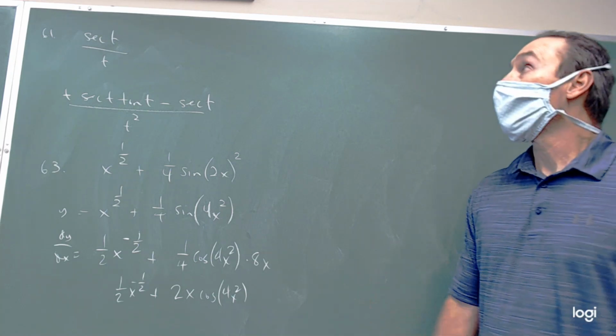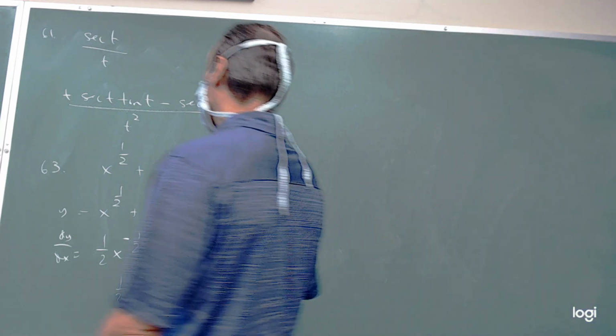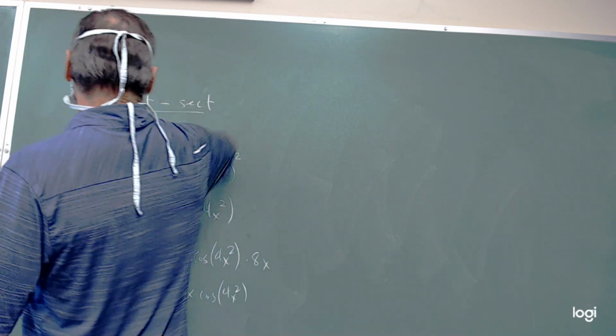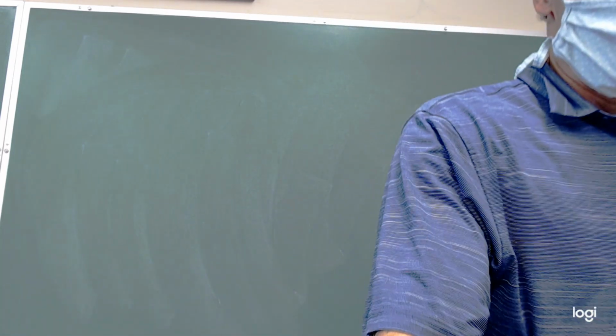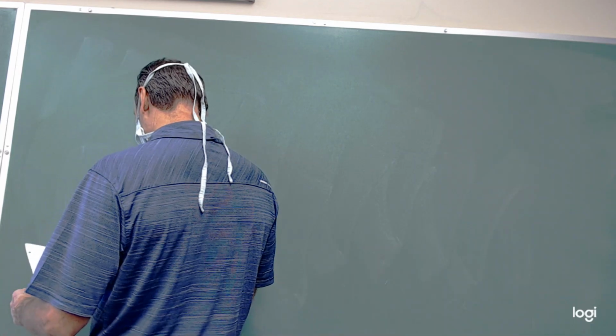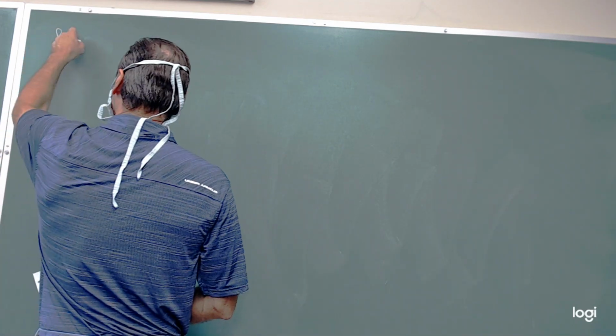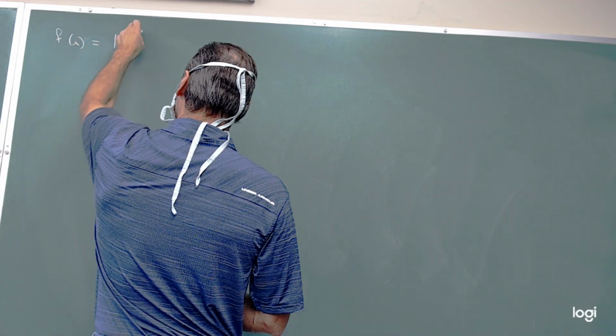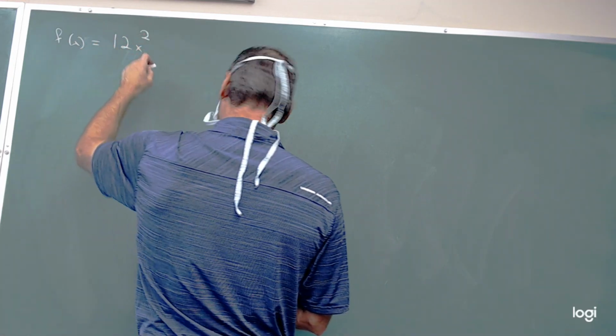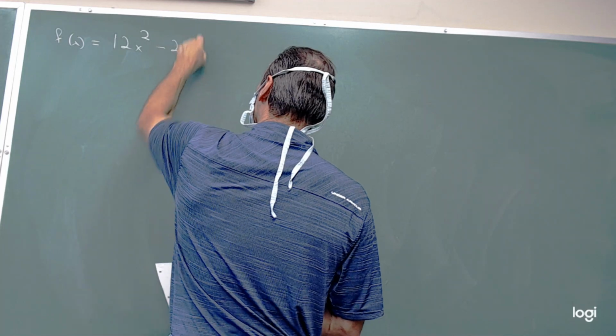Okay, so what I want to do is a couple practice problems here. One's kind of involved. Let's see what we can do with it. So let's say we have f of x equals 12x to the second minus 2x to the fourth.